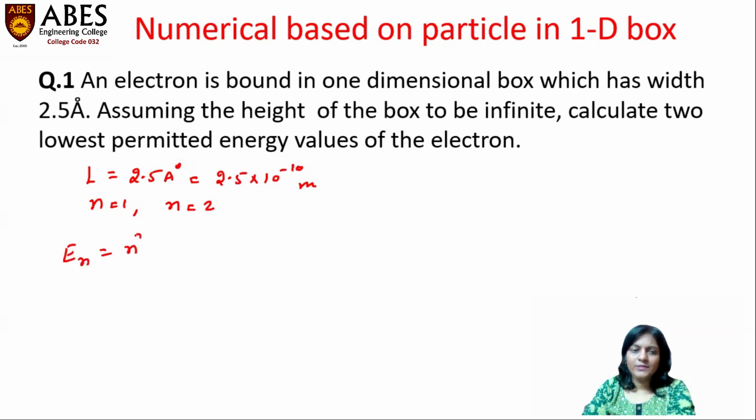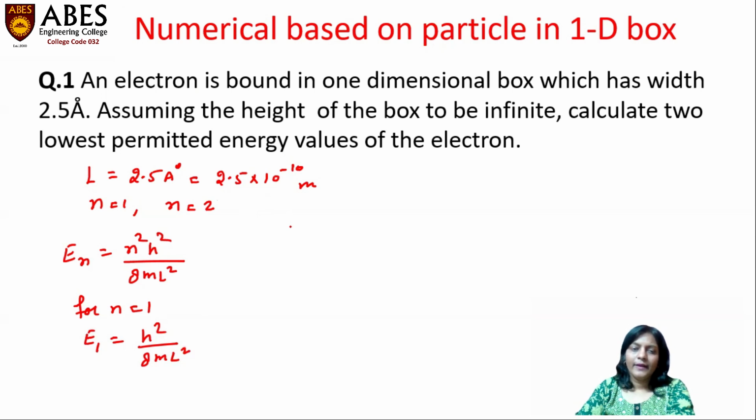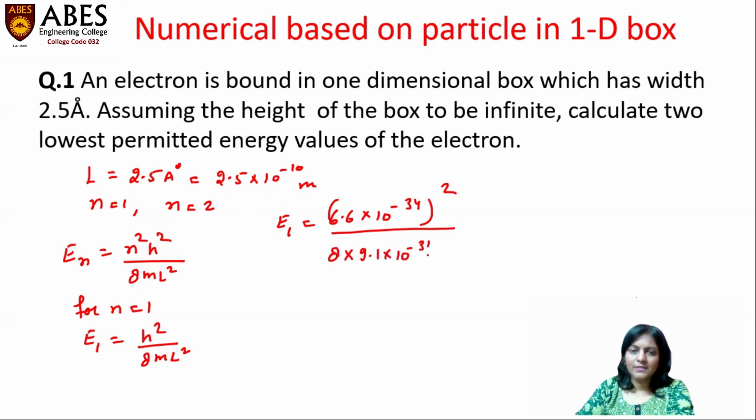E n is equal to n square h square upon 8mL square. For n is equal to 1, E1 is equal to h square upon 8mL square. That is, h is 6.6 into 10 to the power minus 34 squared, divided by 8 into m, 9.1 into 10 to the power minus 31, and the length is 2.5 into 10 to the power minus 10 squared.